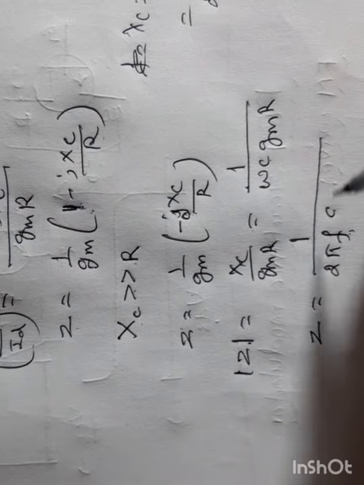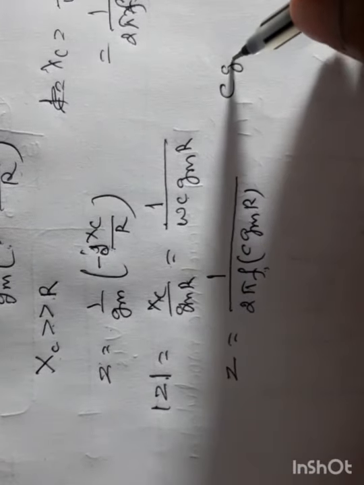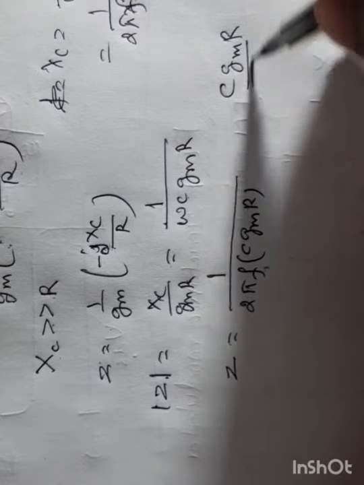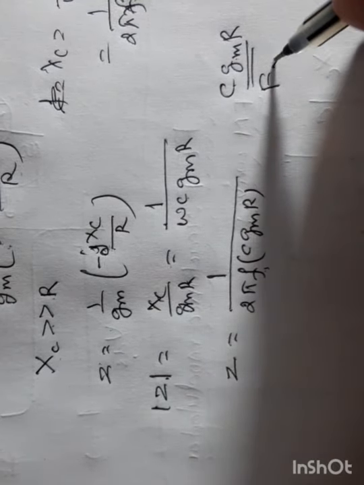Consider this C into Gm into R. What is the unit of this? C is in terms of farad. Gm is mho.